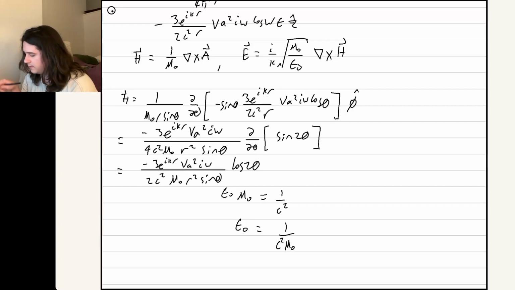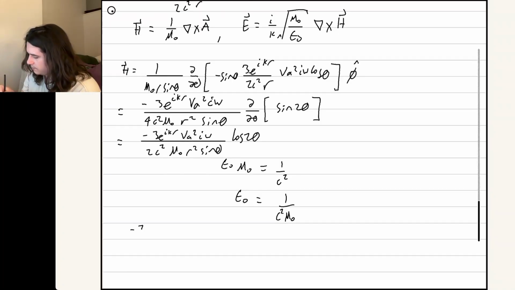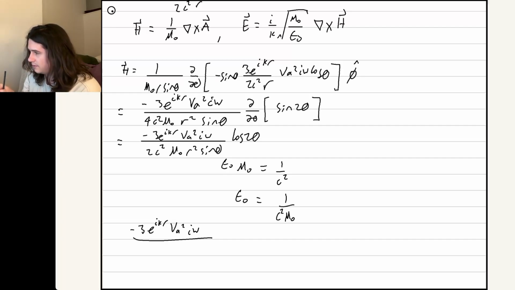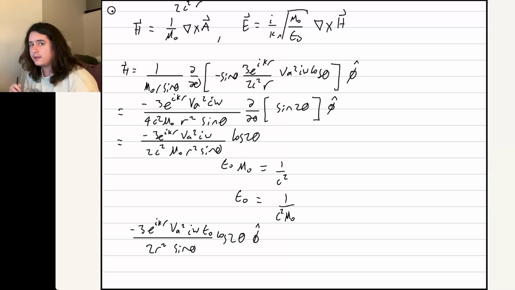Okay, so just reducing the amount of universal constants in our answer, we have just epsilon naught up top, and then 2r squared sine theta on bottom with a cosine 2 theta there. That's in the phi hat direction. I don't think it gets much simpler than that.